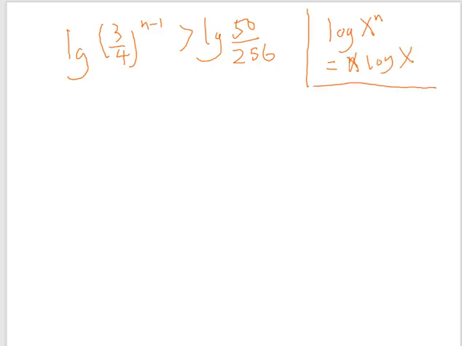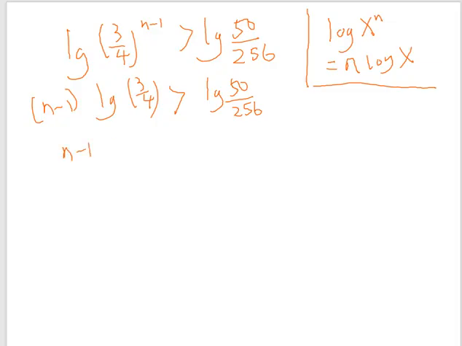Let me erase this. So that means you can say (n - 1) log 3/4 more than log of 50 over 256. So after that, we can divide by log of 3/4.